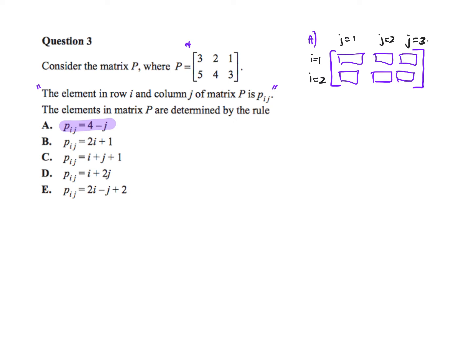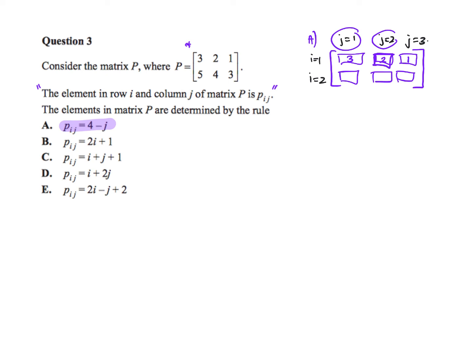The rule is 4 minus j. So up here, j is 1, so 4 minus 1 would be 3. What about in this spot here? It'd be 4 minus 2, which is 2, and the last one would be 4 minus 3, so that's 1. That worked.